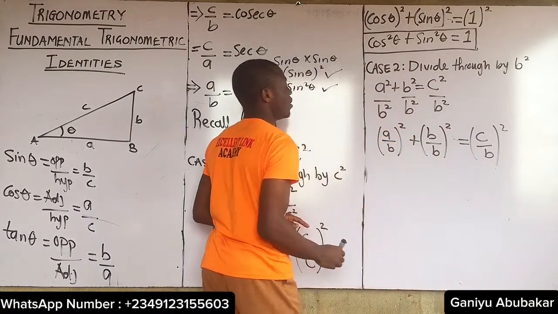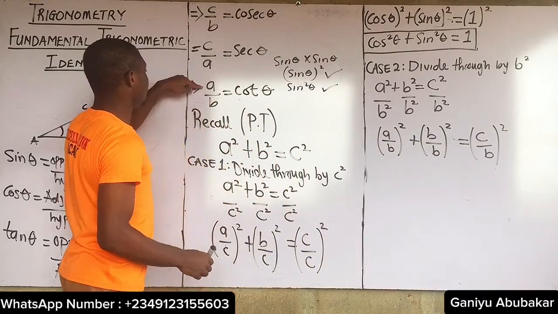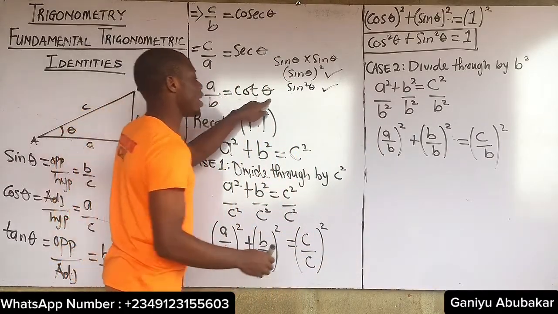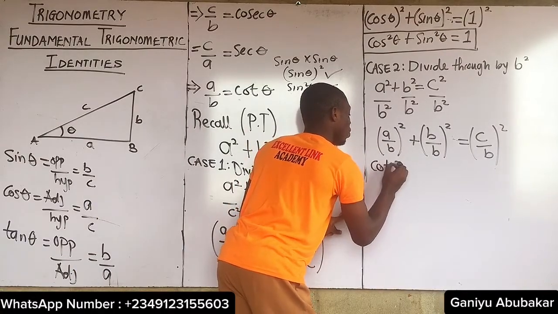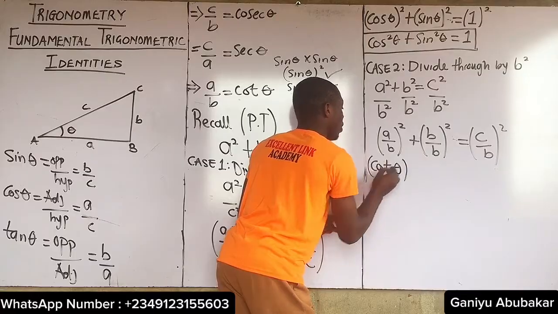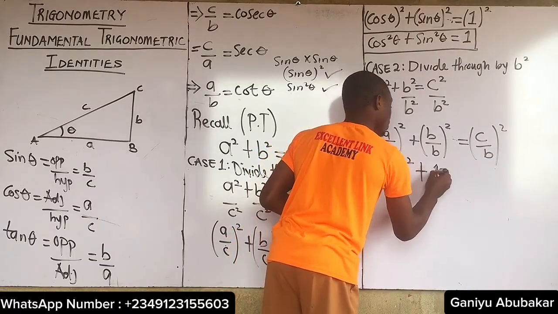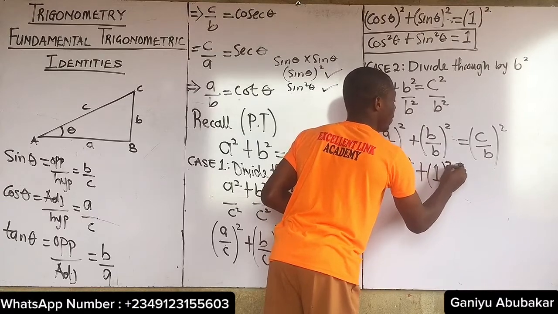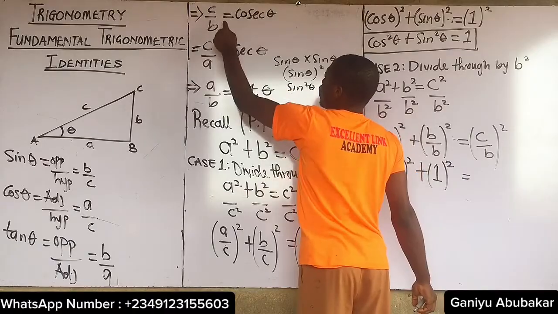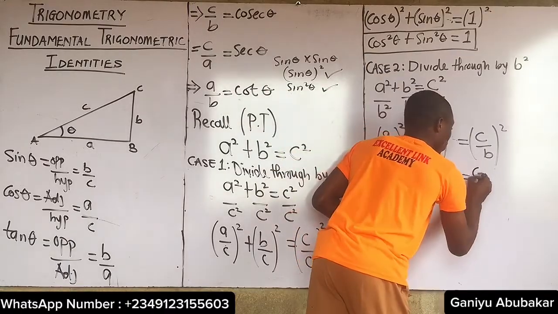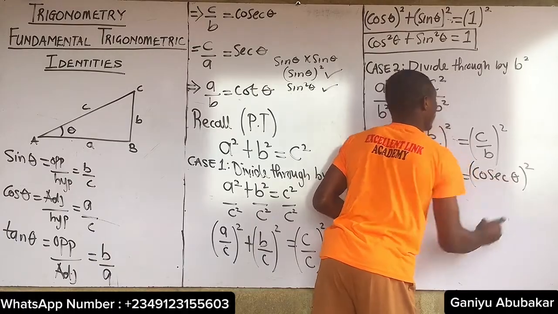From here, check. What's A over B? A over B is cot theta. So I have cot theta all squared, plus B over B is 1, is equal to C over B. Check, C over B is cosec. I'll have cosec theta all squared.